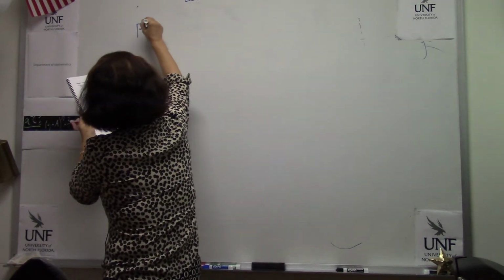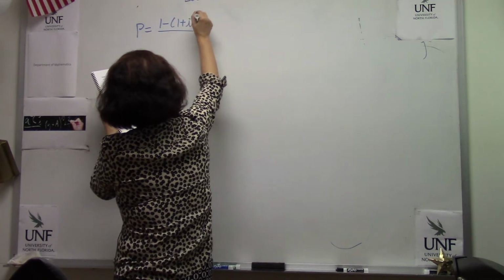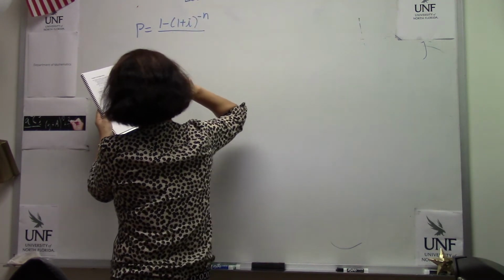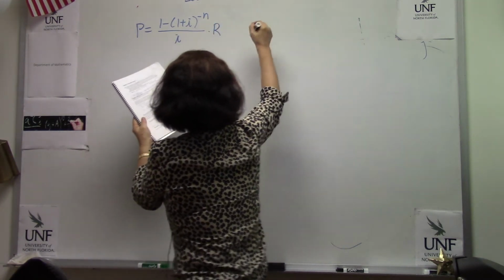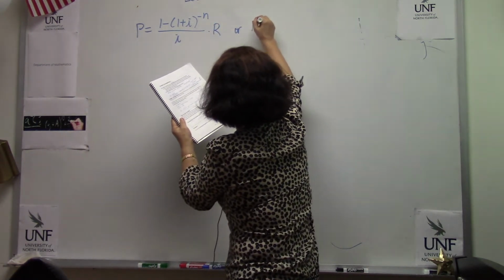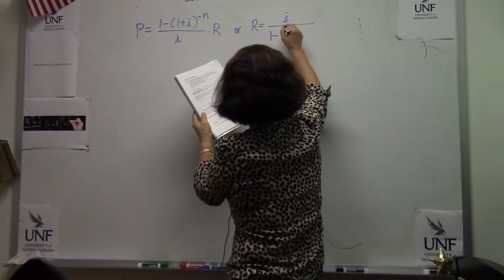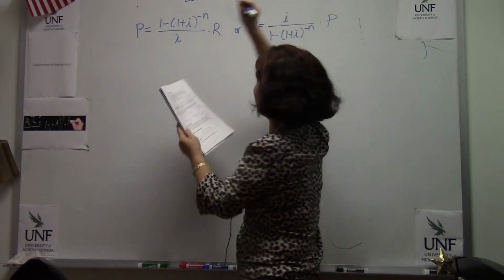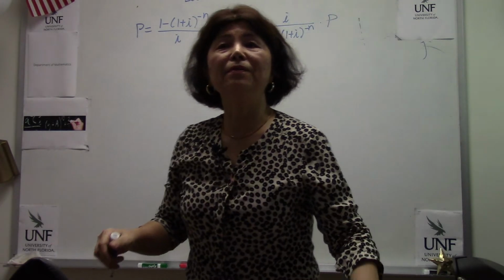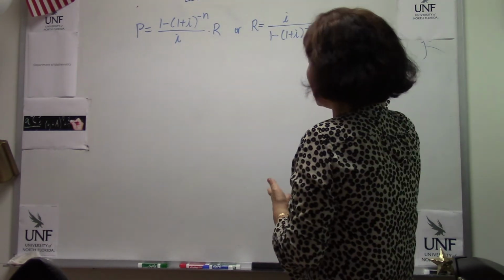So this time P equals R times (1 minus (1 plus I) to the negative n) over I. Be careful, you are going to have a negative power. Or R equals I over (1 minus (1 plus I) to the negative n) times P. Yes, this formula is even more complicated than the future value or increasing annuity formulas.